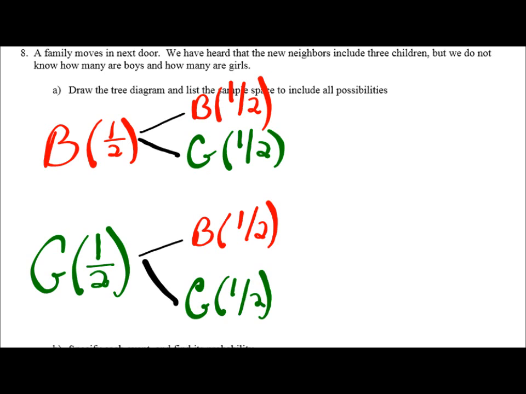And so here we have our tree diagram coming together. So we have a boy then a boy, a boy then a girl, a girl then a boy, or a girl then a girl. There's a third child though, and so let's draw those branches of our tree. Okay, so the third child could have been a boy, and there's a 50% chance it was a boy.